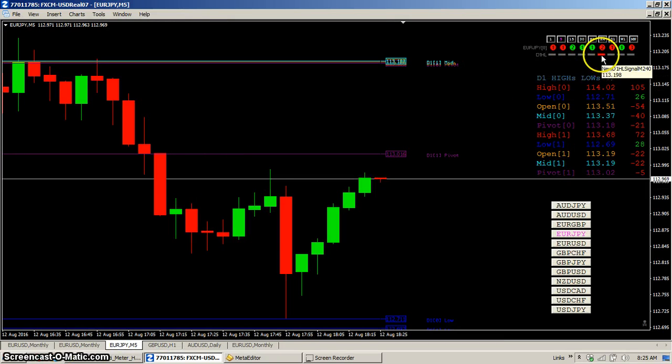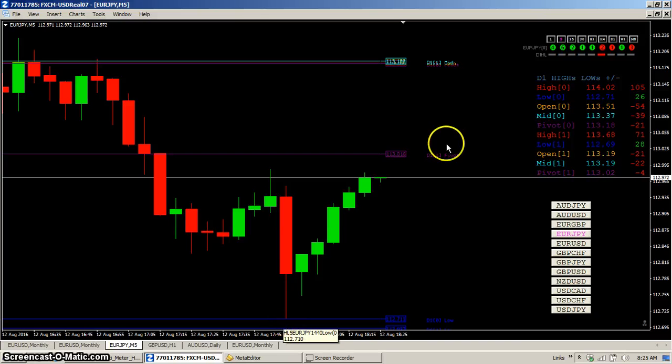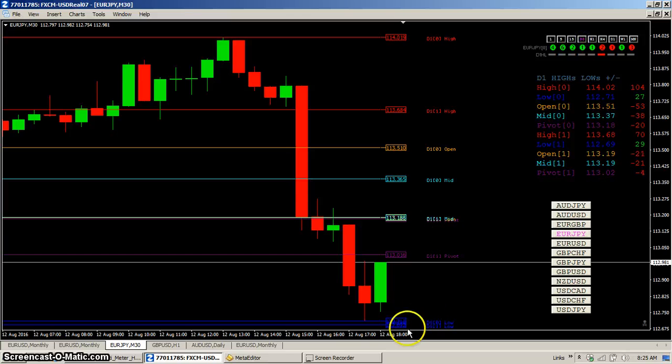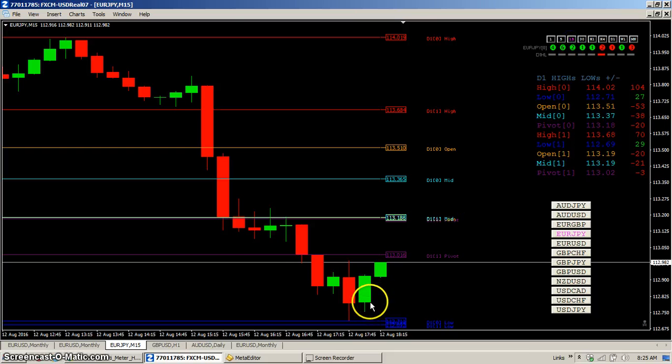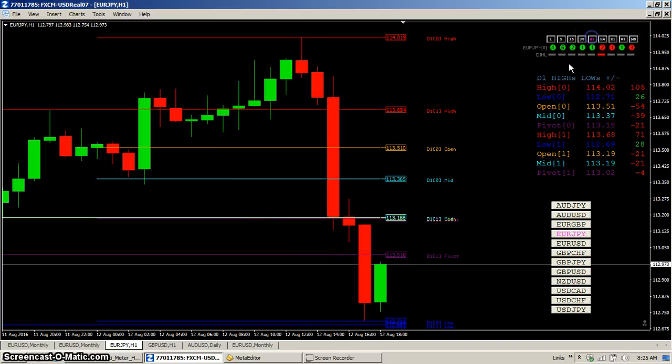You can see the H4 before had made the new high-low. So if you're using M30 candles, there was your entry. M15 candles, there was your entry. If you're using the H1, there was your entry.